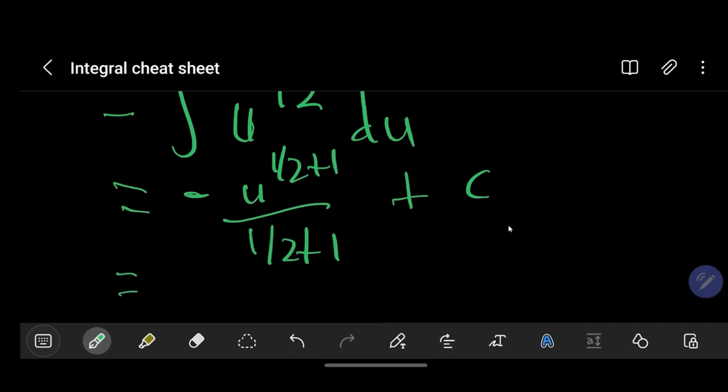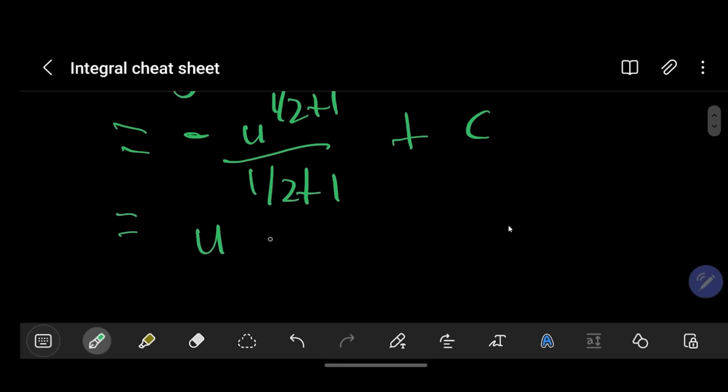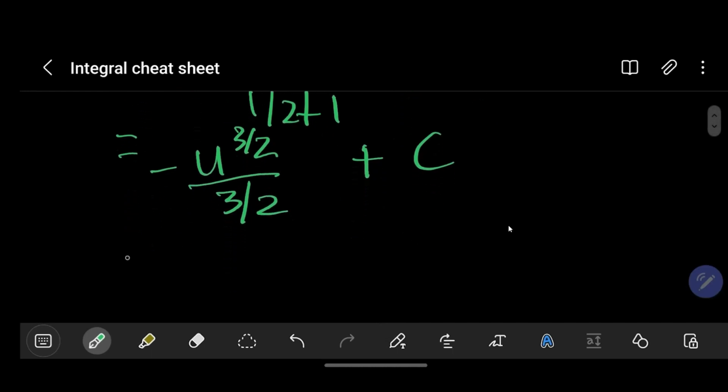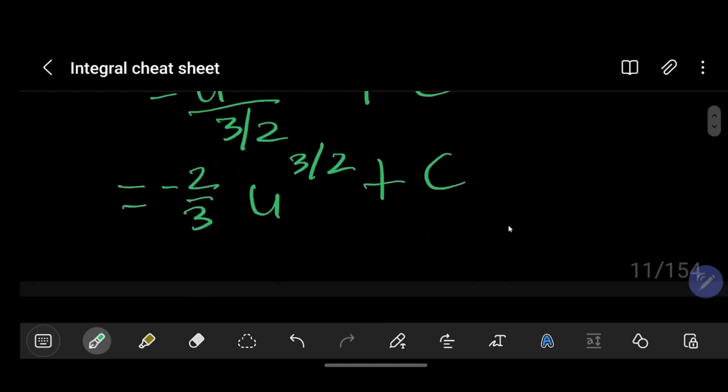So that's equal to u^(3/2) all over 3/2 plus c. Don't forget the negative. If you rewrite this, it will be equal to minus 2/3 u^(3/2) plus c. Let's substitute back.